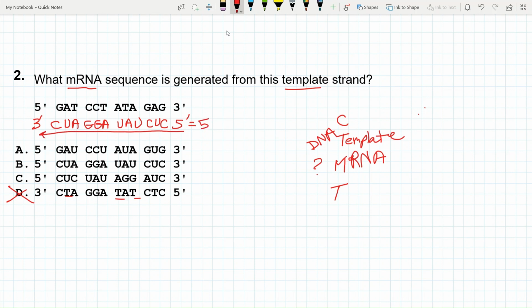We have 5 prime CUC, and then UAU, and then AGG, and then AUC.